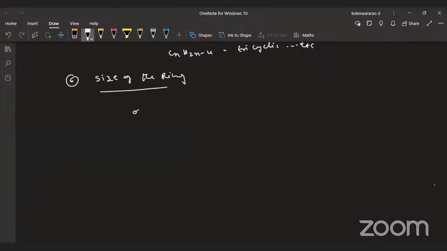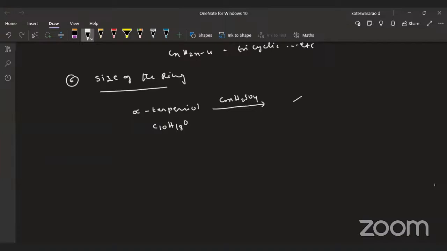Now, a simple reaction can give the size of the ring. There is alpha terpinol, this C10H18O, which is subjected to reaction with concentrated H2SO4. This concentrated H2SO4 is reacting with alpha terpinol.